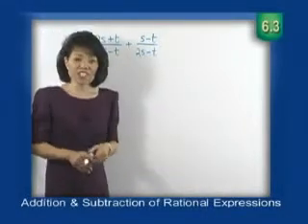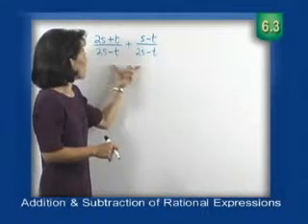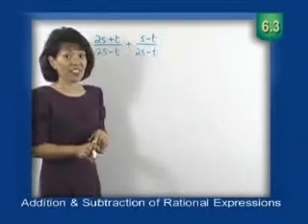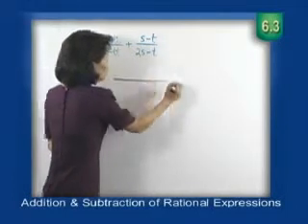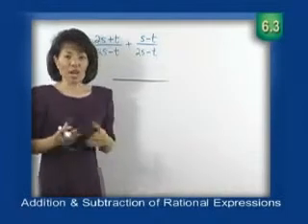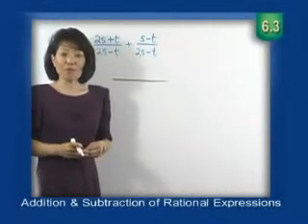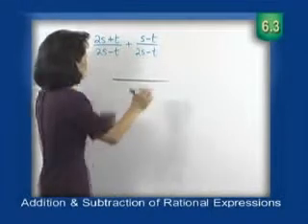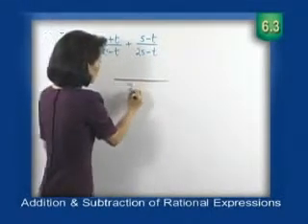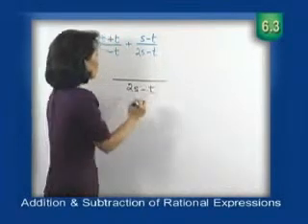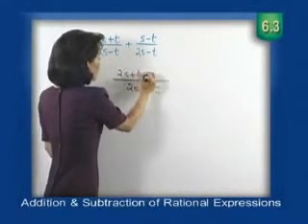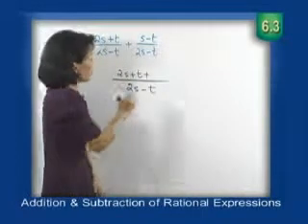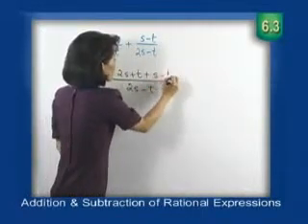Now fortunately for us, in this first problem, the denominators are the same. And we know that when adding fractions, as long as the denominators are the same, all we have to do is add the numerators. So common denominator, 2s minus t, numerator, 2s plus t, plus the second numerator, s minus t.